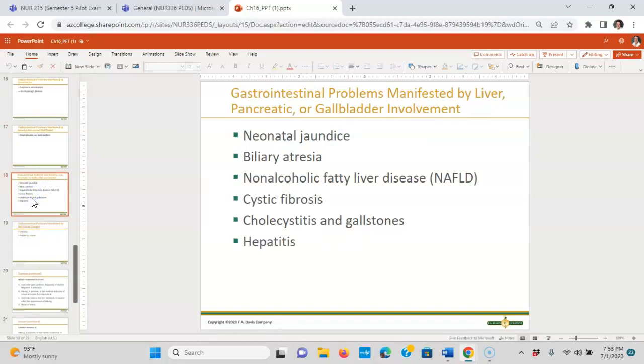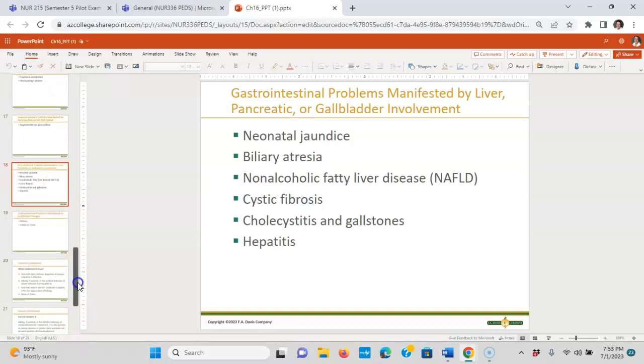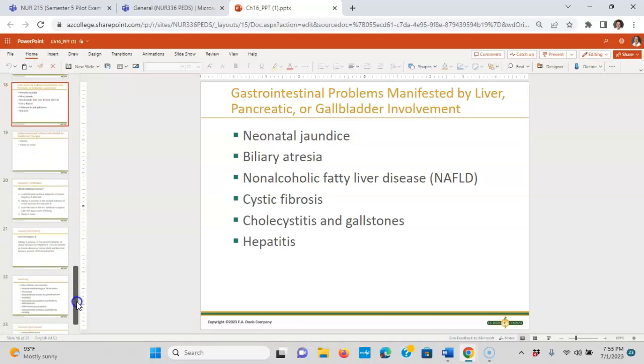And then your other things with the liver, the pancreas, and the gallbladder, again from adults, similar. The non-alcoholic fatty liver disease, the cystic fibrosis we've talked about a little bit, cholecystitis, gallstones, and hepatitis. But neonatal jaundice is different.